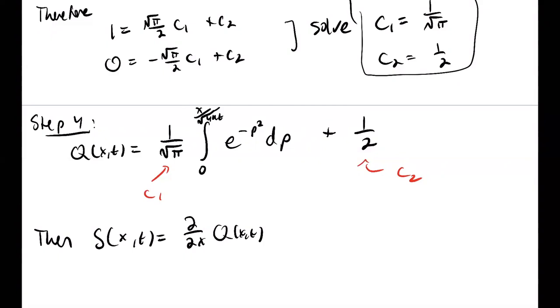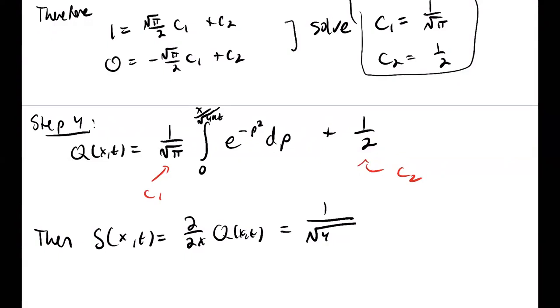So I'm going to have to multiply by the derivative with respect to x of what's in the top bound for the integral. If you do this calculation, you end up multiplying by 1 over square root of 4kt.